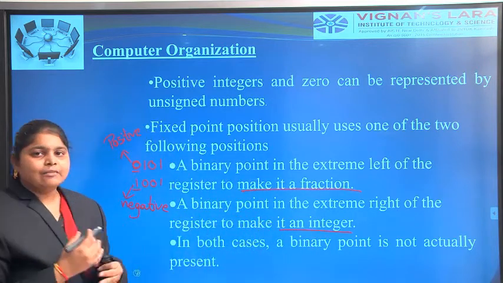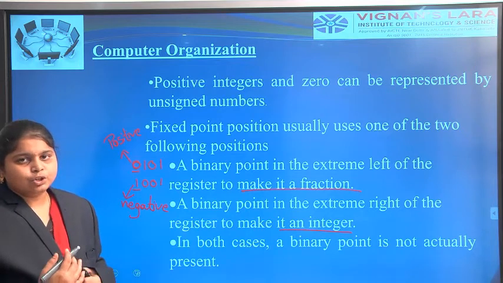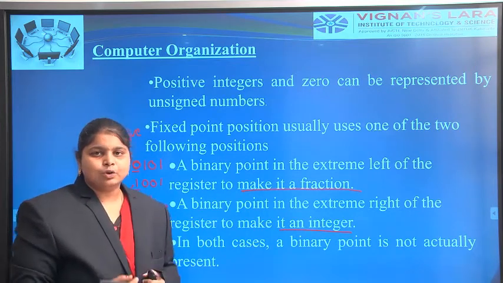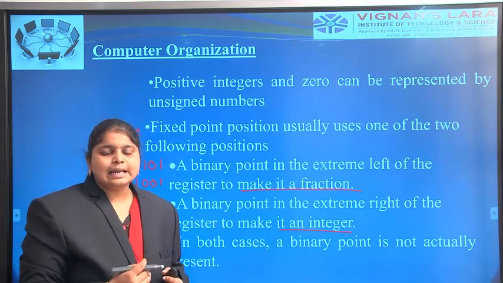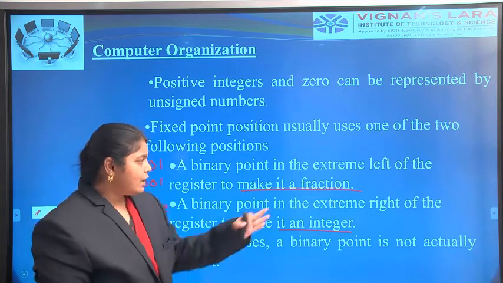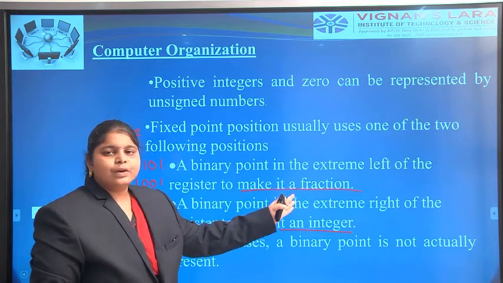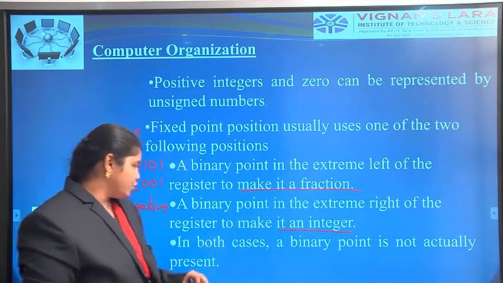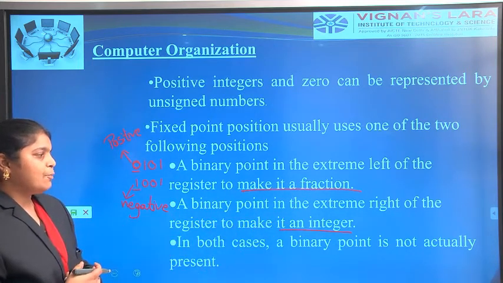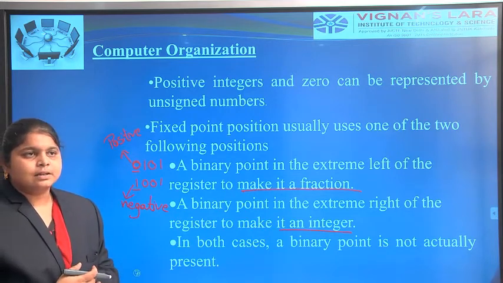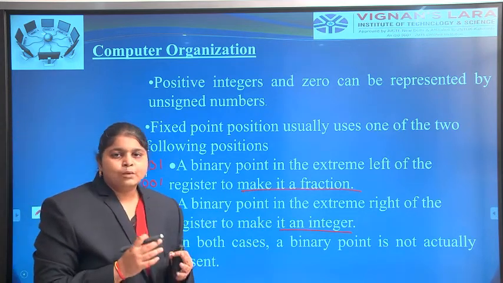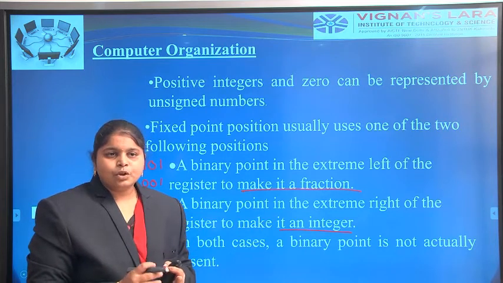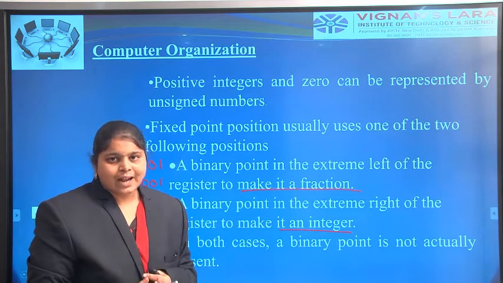Whenever we take fraction values like 0.001, 0.10 or 35.02, these are considered fraction values. Left one we call a fraction and right one we call an integer. In both cases the binary point is not actually present, because sometimes we take only an integer like 32, and sometimes fraction values.